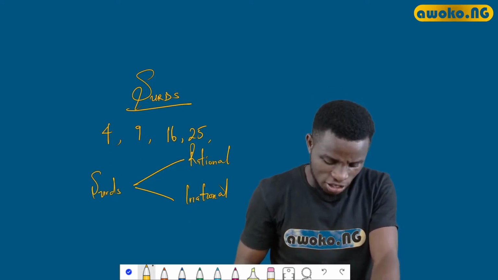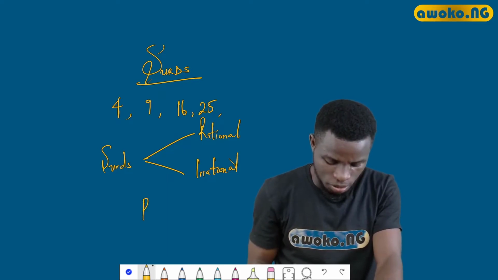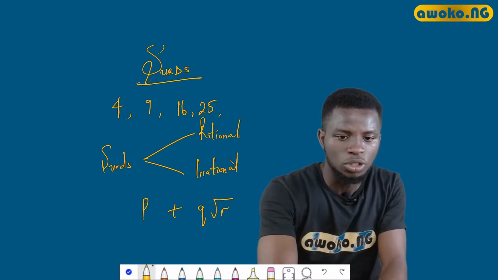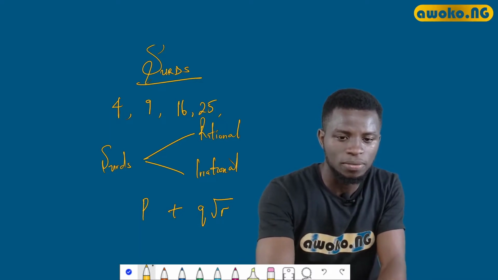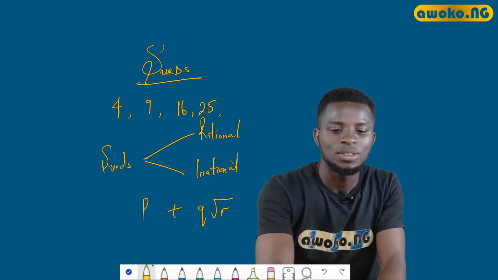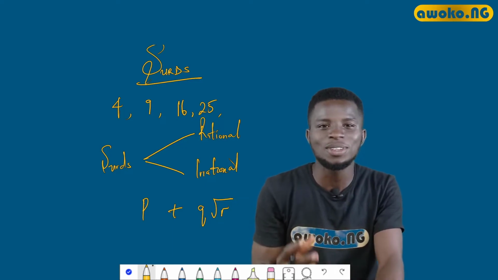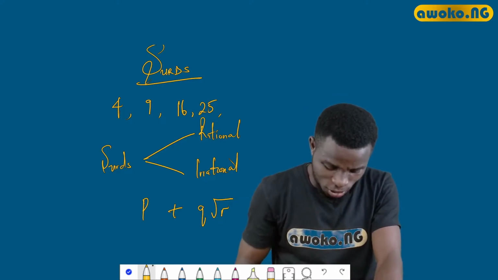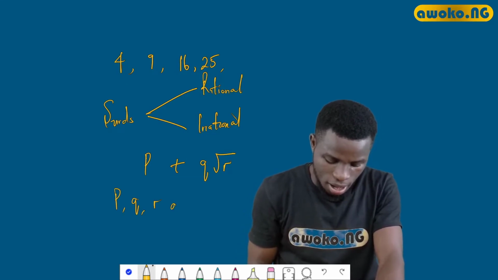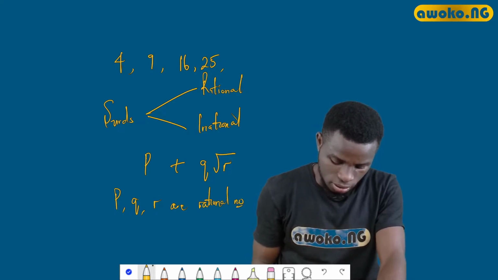And they have a general form like P plus Q root R. So they have forms like P plus Q root R. And I want you to take note that P, Q, and R are rational numbers. They are rational numbers. Okay?